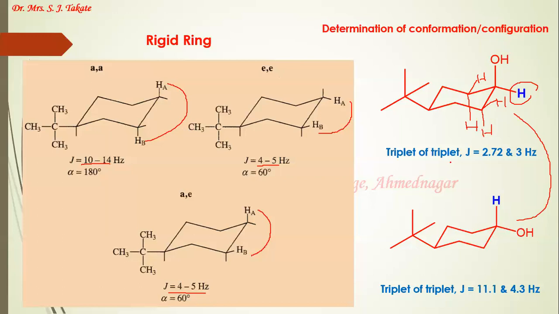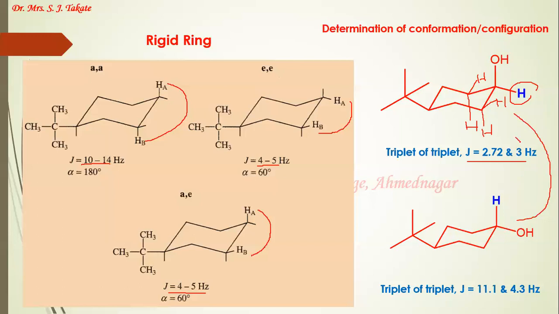But still, the two coupling constant values are different. Even though the dihedral angle is 60 degree, coupling constant values are slightly different. This means that some other factor must be important here. In this case, the blue proton couples with the two equatorial protons with 3 hertz.